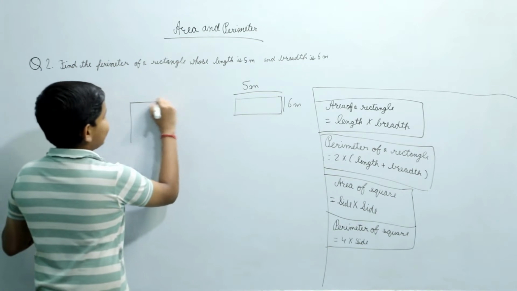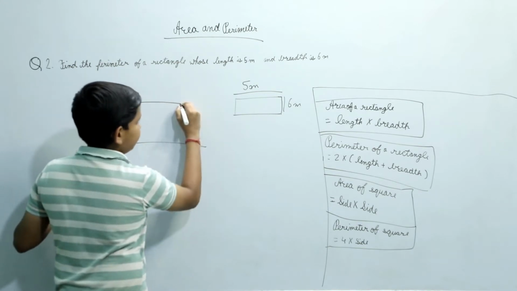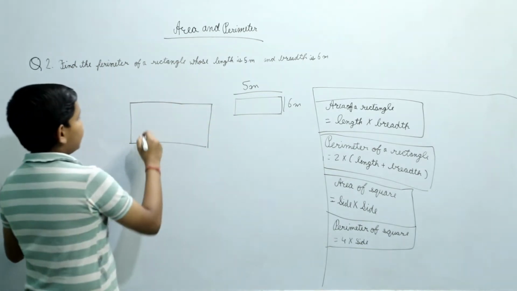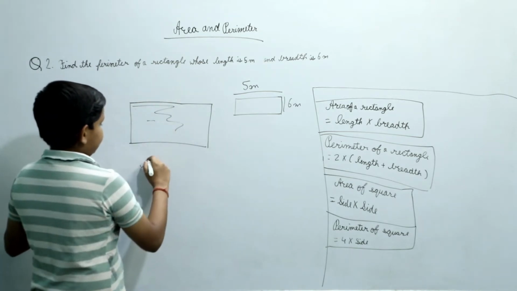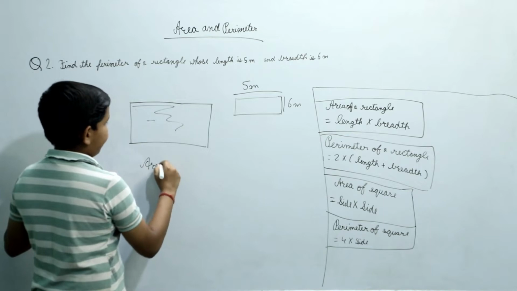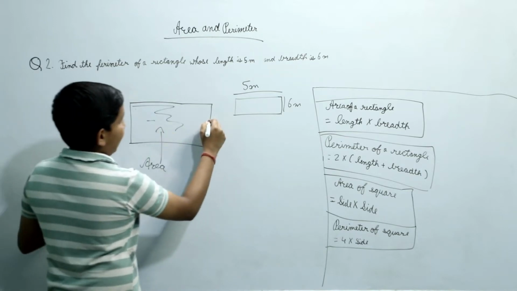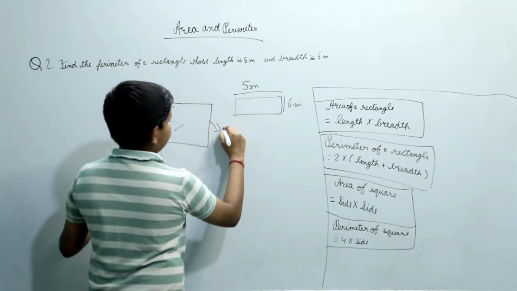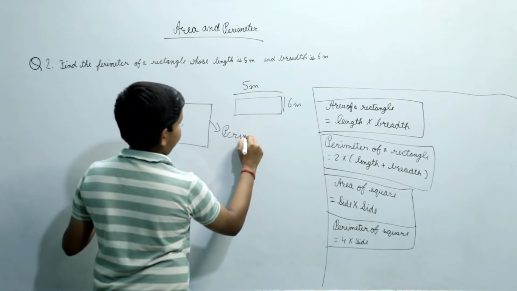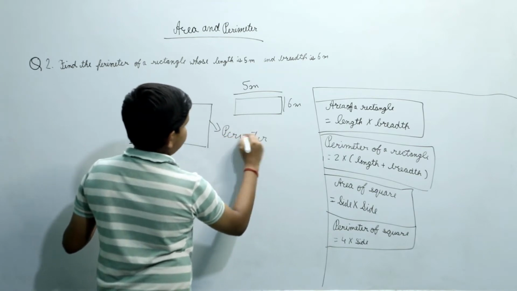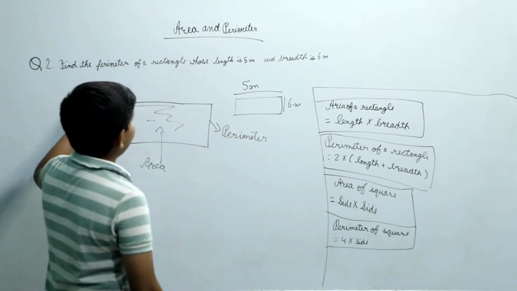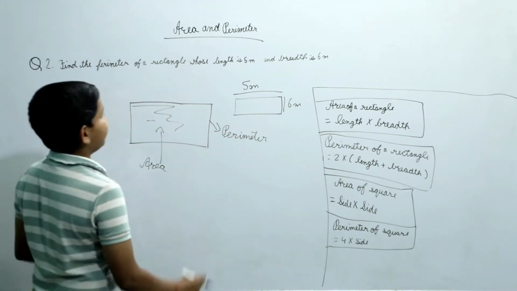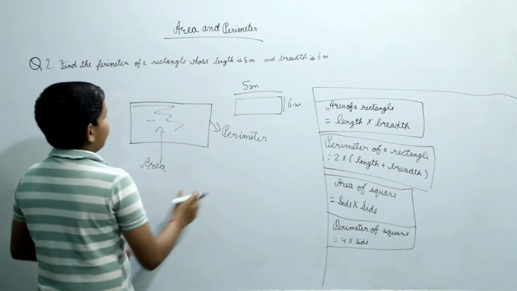Take an example of a rectangle. The inside area is known as area, and the boundaries are known as perimeter. So we need to find the perimeter, which means that we need to find this rectangle's border.